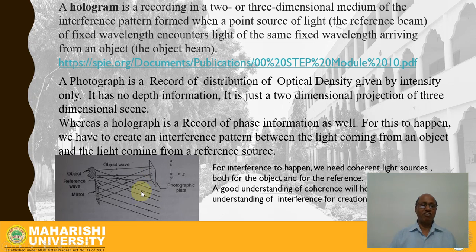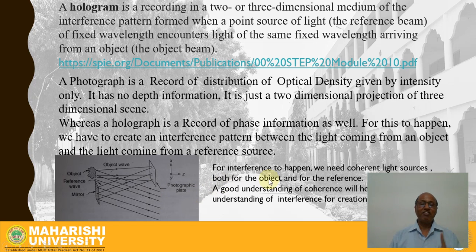But if I introduce a reference wave coming from another source, but of the same wavelength, or with a fixed phase difference, then these two waves, the wave coming from the object and the wave coming from the reference source, will interfere with each other and form fringes, right? The maxima and minima which you might have studied during your BSc or your lower courses.